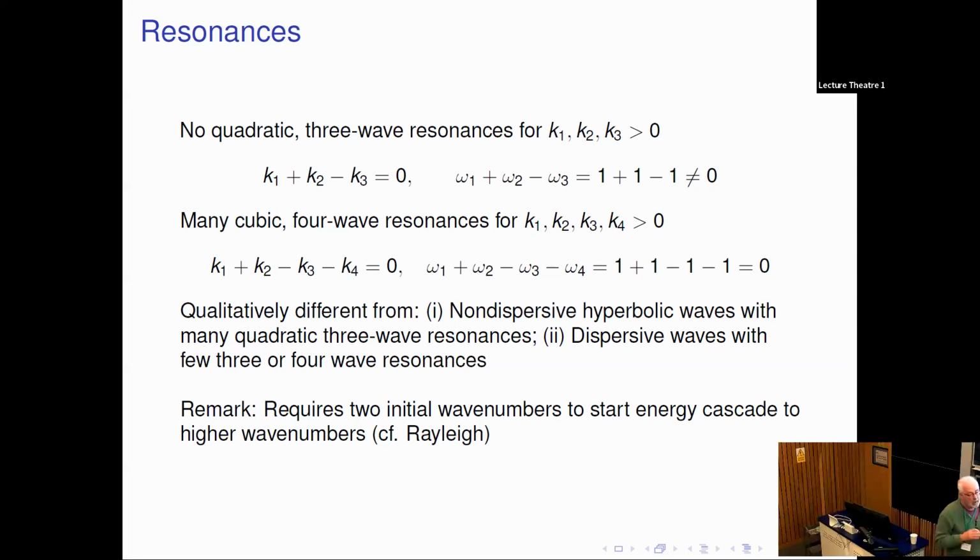And it's also different from dispersive waves because there you're limited by the dispersion relation about what resonances can occur. So I find it a very interesting, different type of non-dispersive wave motion. And we'll see the dynamics is also quite different.